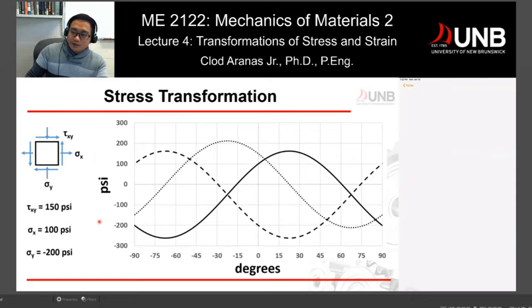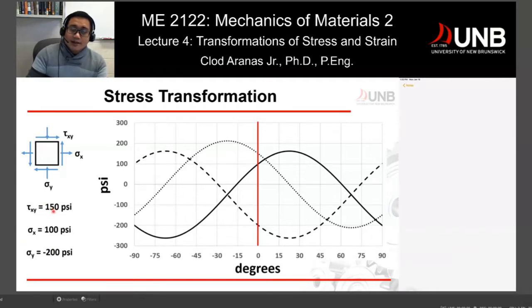Last time we took this element and calculated different stresses at various directions, and we found that the values of tau xy, sigma x, and sigma y behave like a wave, following an equation of a circle. For this specific element, this would be the starting point without any rotation.